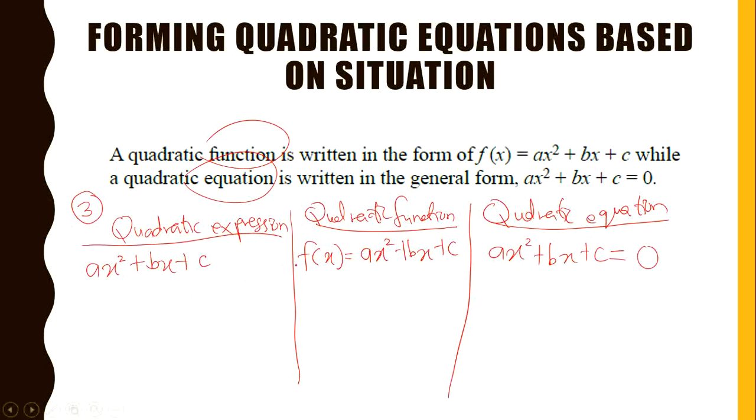So we can differentiate: quadratic expression is just ax squared plus bx plus c. Quadratic function has a function name, equals ax squared plus bx plus c. And quadratic equation is ax squared plus bx plus c equals 0. So in this chapter we learn all three.